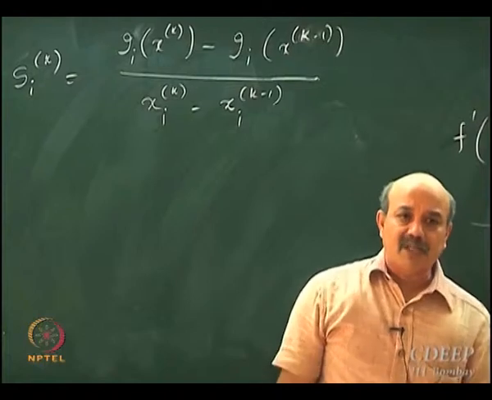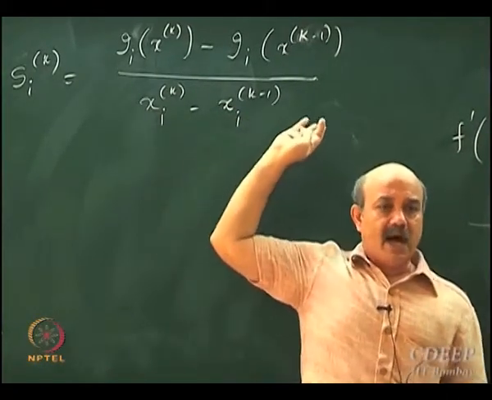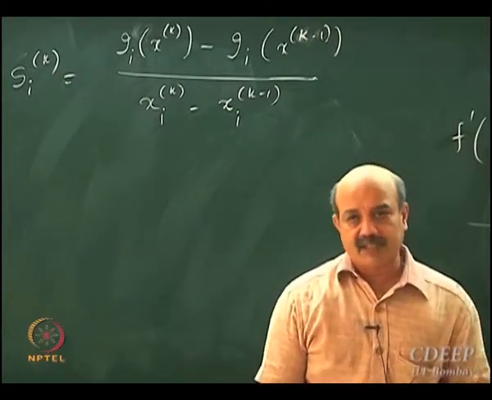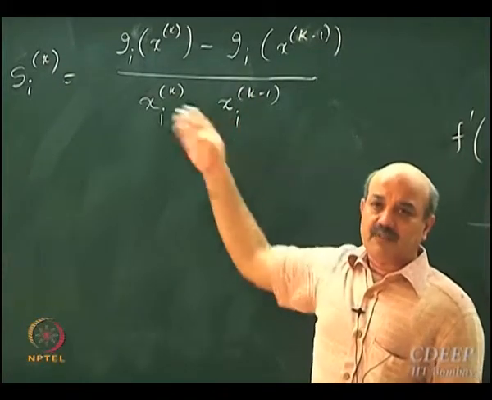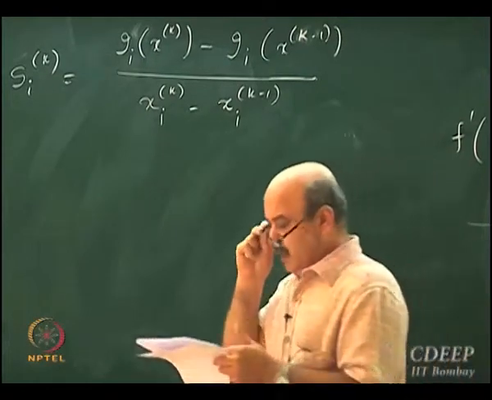Si is a crude derivative of g with respect to xi, or the rate of change with respect to xi. That is how you can look at it.